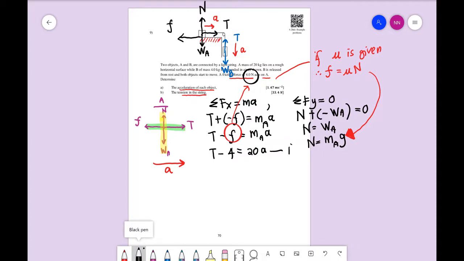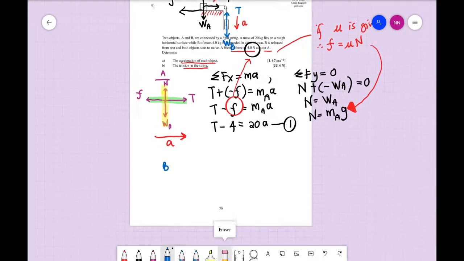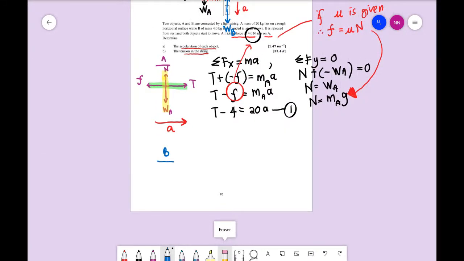So we have the first equation, equation 1, with two unknowns, which are tension and acceleration. And then proceed to object B. For object B, maybe we can draw a free body diagram.